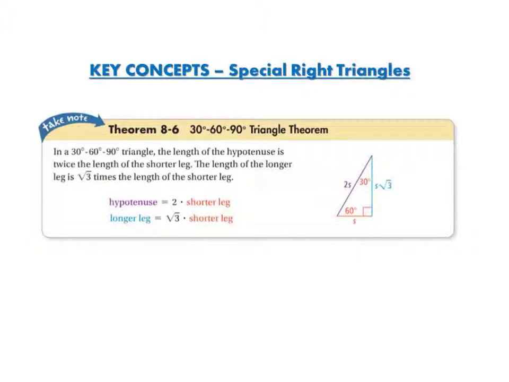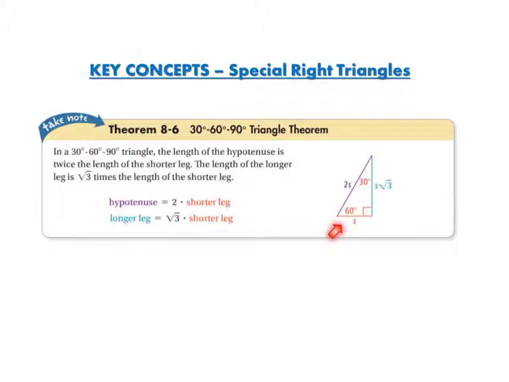Remember we learned earlier in the year that you find the smaller angle and the leg across from it is going to be your shorter leg. To find the hypotenuse, all you do is multiply that by 2. Pretty simple. To find the longer leg, you take that shorter leg and multiply it by the square root of 3. Okay, again, no big deal.